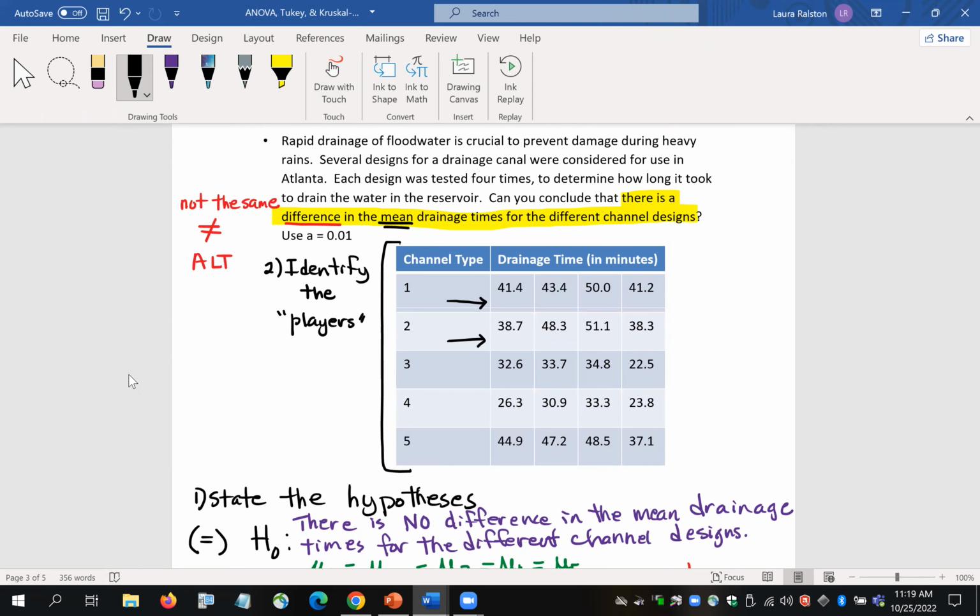So make sure you're reading the table or the display correctly. The other thing that we need is alpha, and the last sentence tells us to use alpha equals 0.01. If our significance level is 0.01, that means our confidence level is 99%.